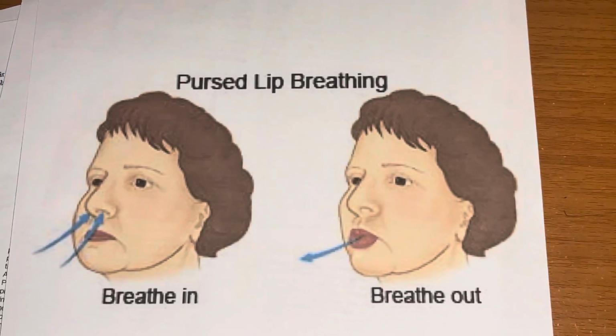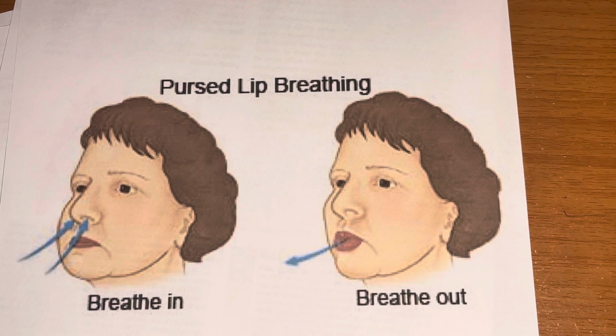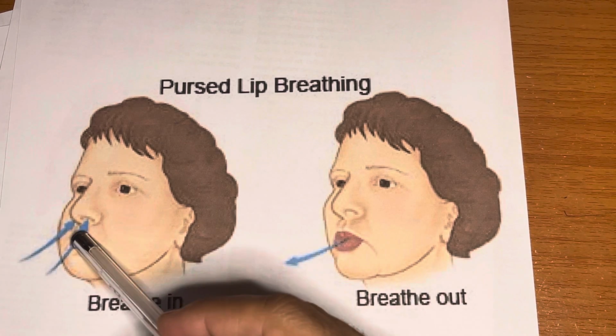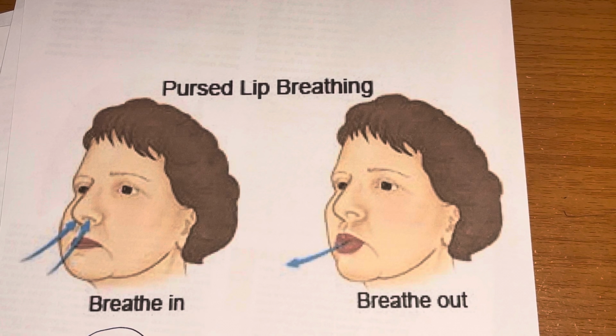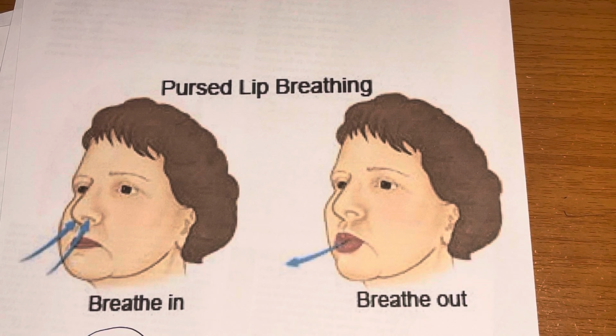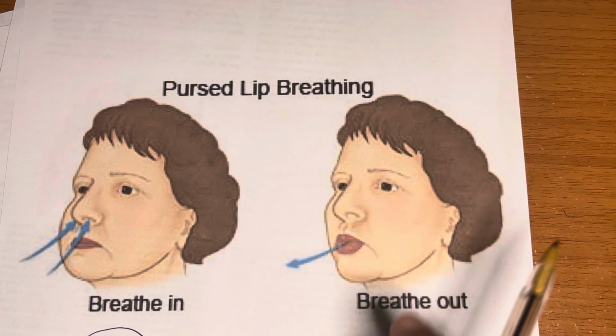This is what they are talking about. Pursed lip breathing. So they inhale through their nose, breathe in, right, into the lung. Now from your lung out, breathing out, this is what they have to do.